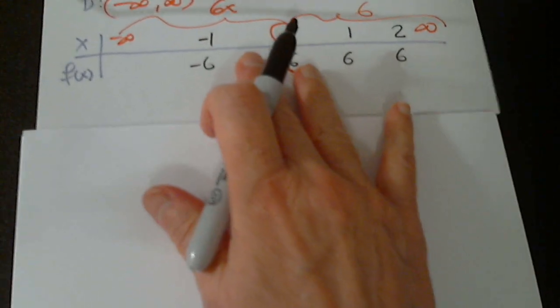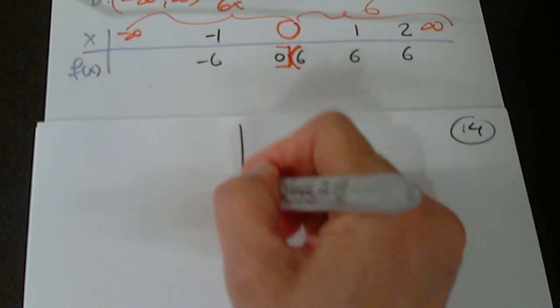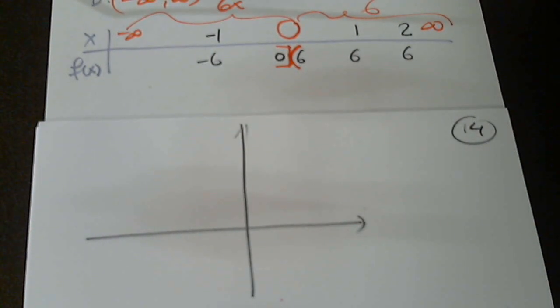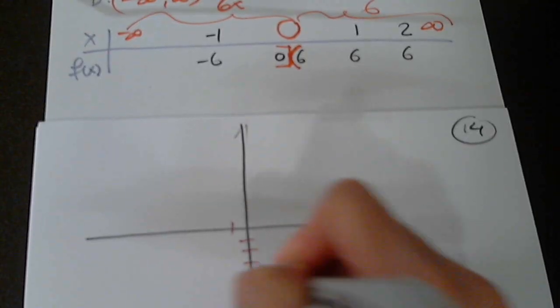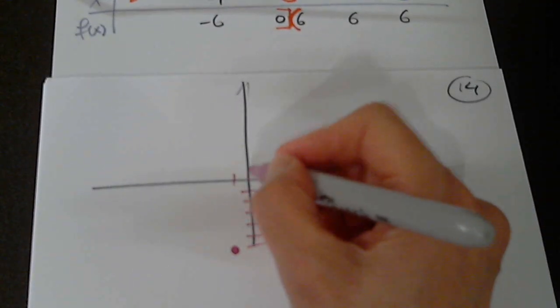Now I'm ready to graph. Please make sure the graphs do not overlap. I will use 2 colors. You don't have to. -1, -6. 0, 0. Full point.